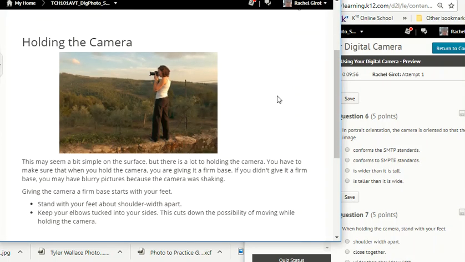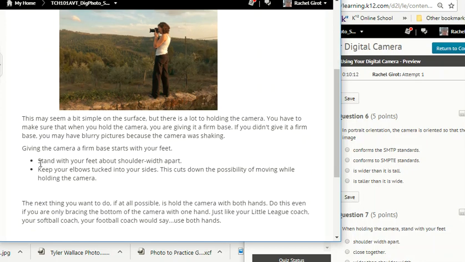Holding the camera. This may seem a bit simple on the surface, but there is a lot to holding the camera. You have to make sure that when you hold the camera, you're giving it a firm base. If you didn't give it a firm base, you may have blurry pictures because the camera was shaking. Giving the camera a firm base starts with your feet. Standing with your feet about shoulder width apart.